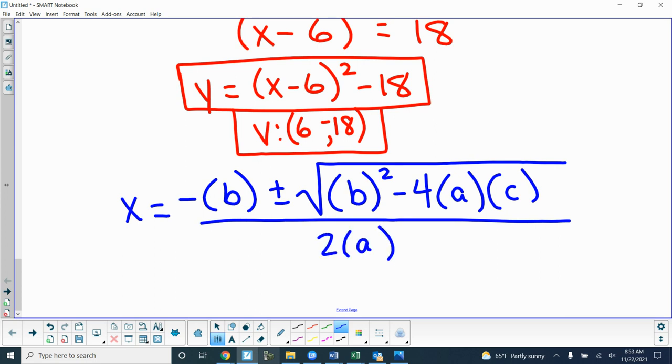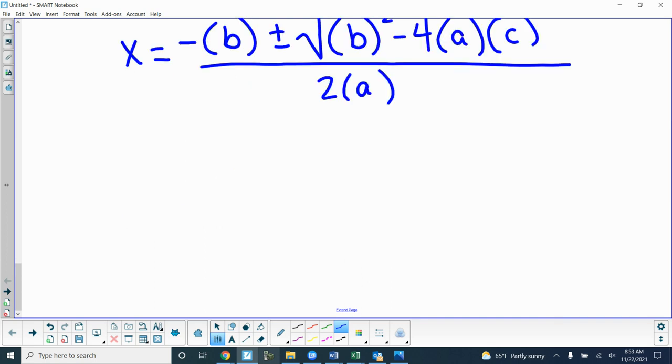Make sure you guys in the back are paying attention, please. All right? So that's the formula we're going to use for 7 and 8. You don't have to have a be 1 like you do for completing the square. A can be any value. You don't have to do any dividing out. Okay? Some of you try to do that. You don't have to do that.